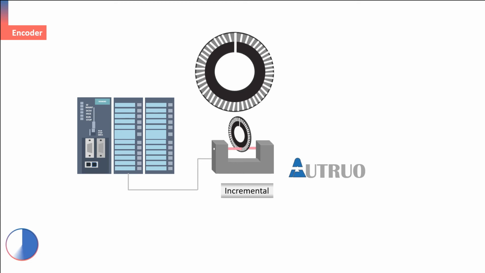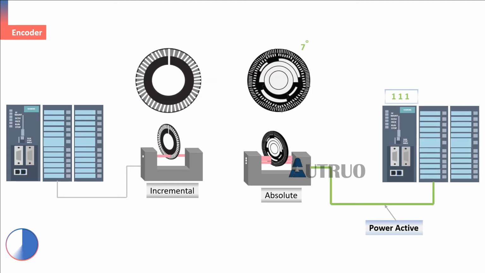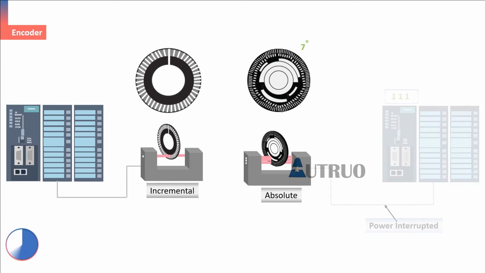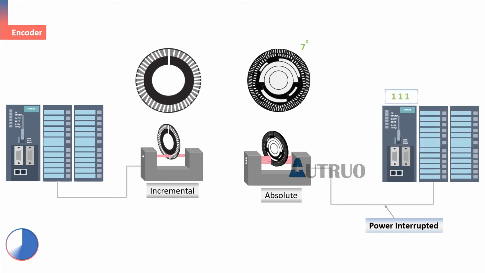As mentioned earlier, the position of an absolute encoder is known as soon as you deliver power to it. You do not need to wait for a homing or calibration sequence to be completed before you can get the position data you need. This will make the system start more quickly after a power failure, which means even if the shaft has been turned while the encoder was off, the new shaft displacement will be transmitted back to the PLC.